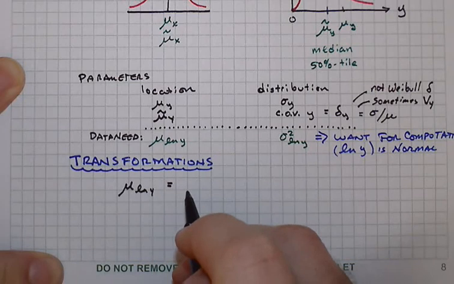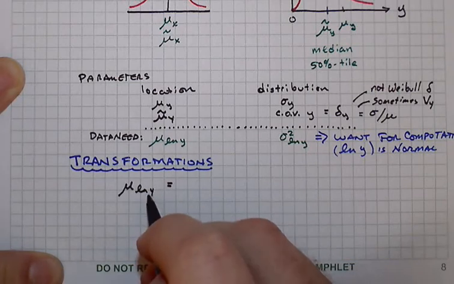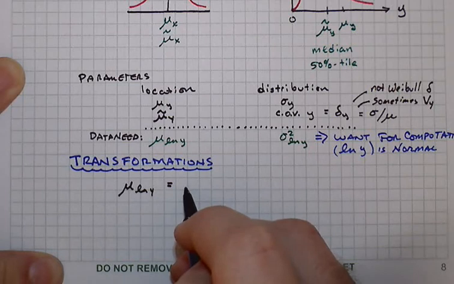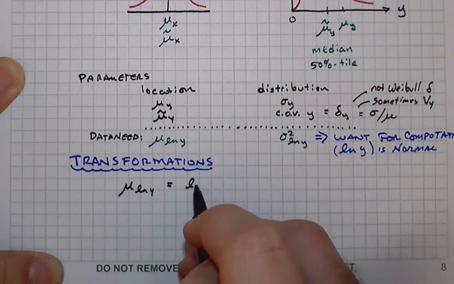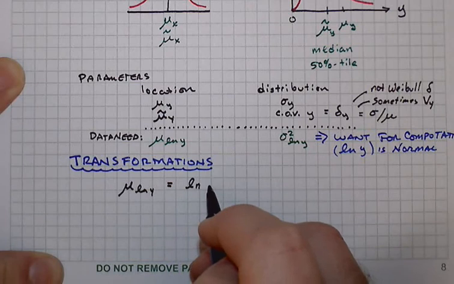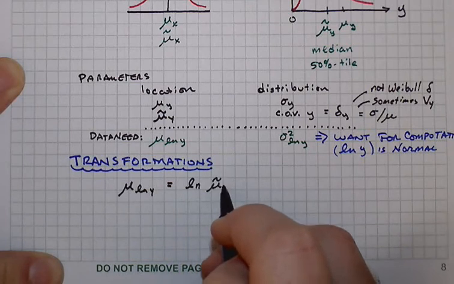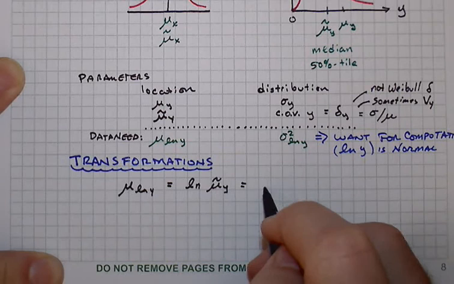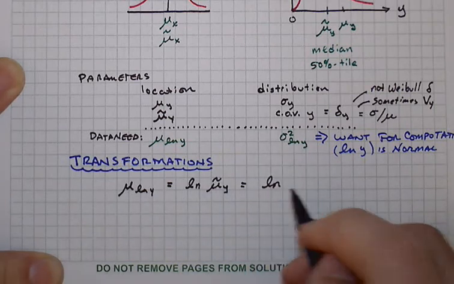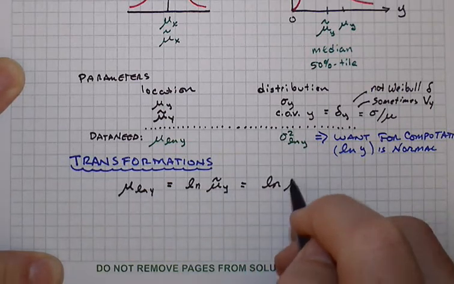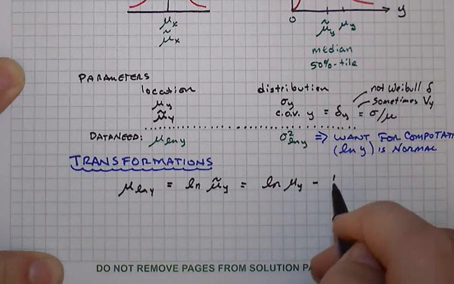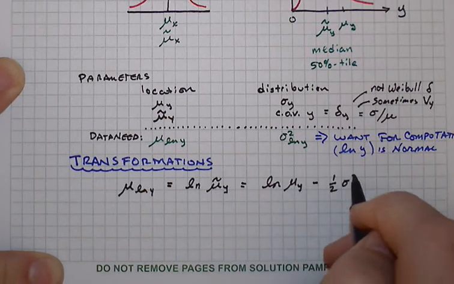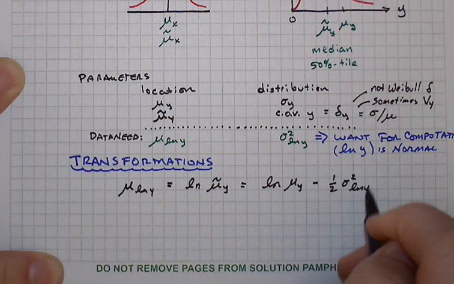One of them is that we can end up showing that the mean of the natural log of y is equal to the natural log of the median of y. Right? Not the natural log of the mean of y, but the median of y. It's also equal to the natural log of the mean of y minus 1/2 of the variance of the natural log of y.